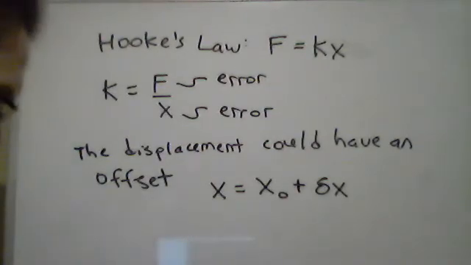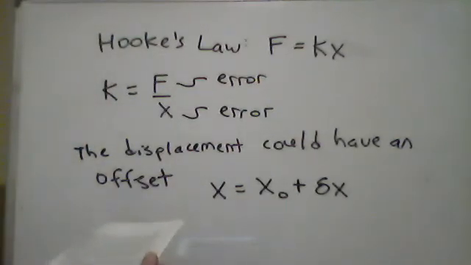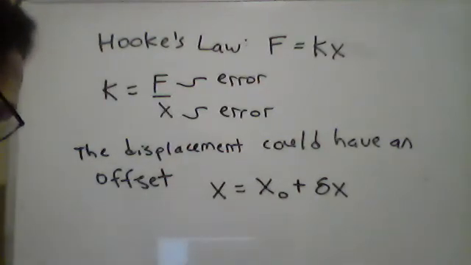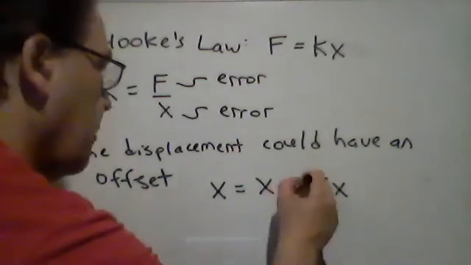So how do you get around that? Well, one of the things you can say is, if I'm trying to understand this, he wrote it like this, with some sort of an offset.